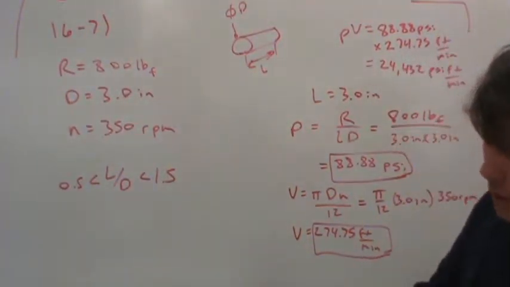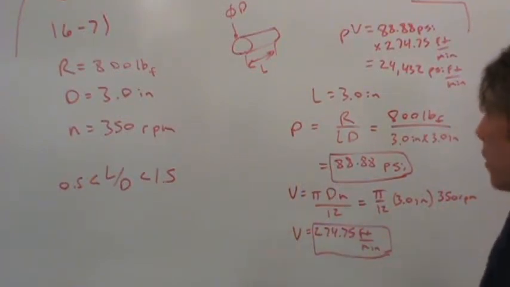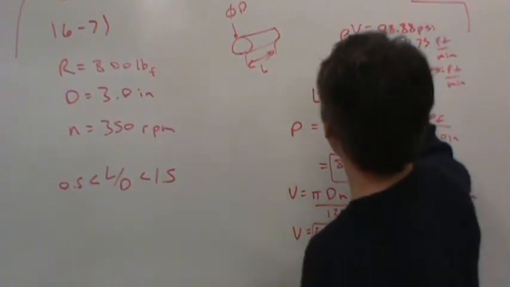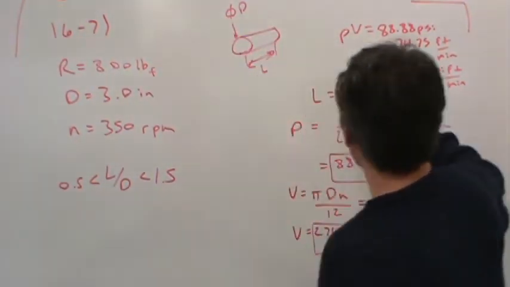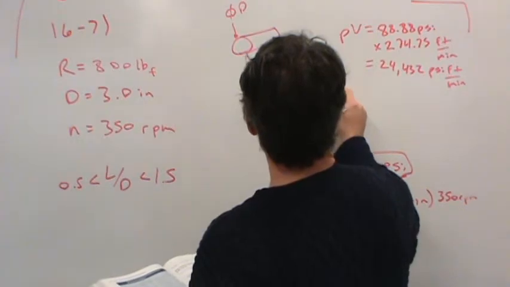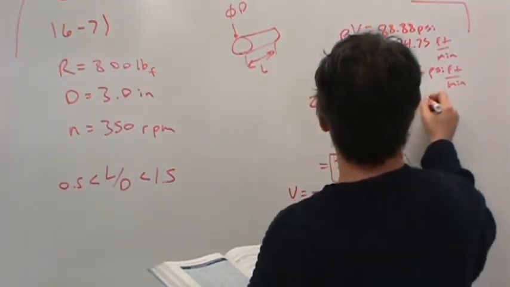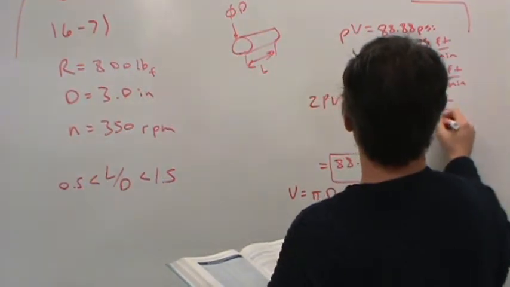So that's really step 8. It says multiply PV by 2 to obtain a design value for PV. Specify a material with the rated value of PV equal to or greater than the design value. It's not really a surprise that 2 PV is about 50,000 psi feet per minute.